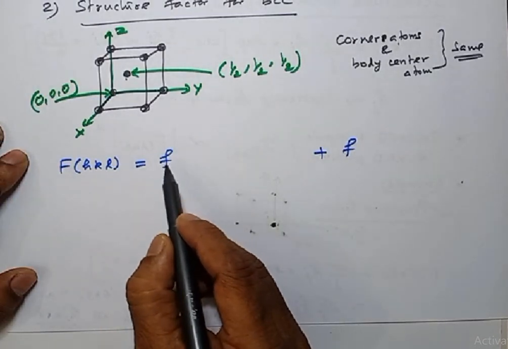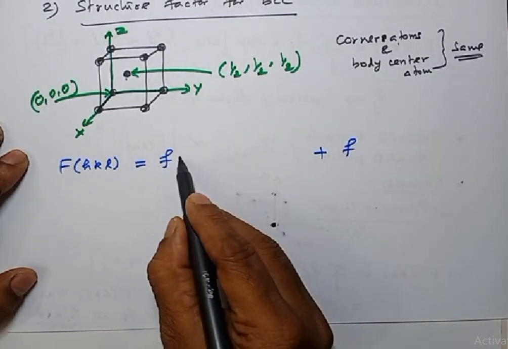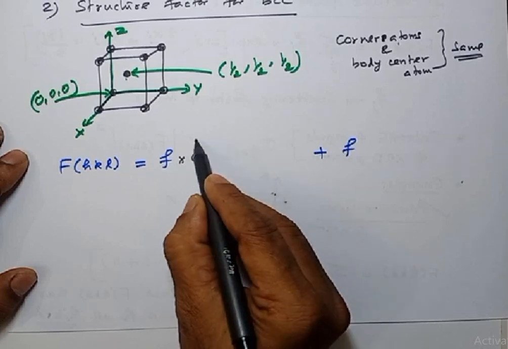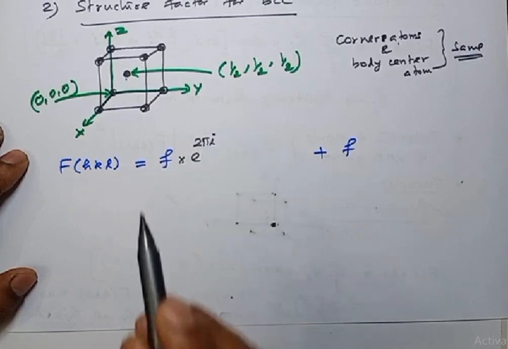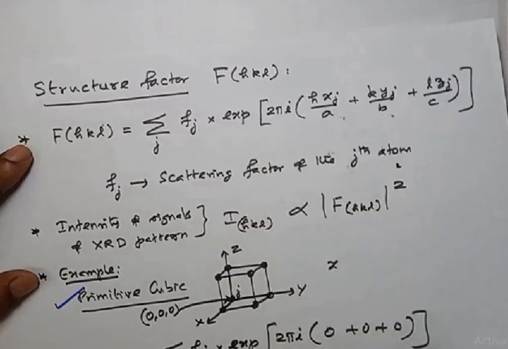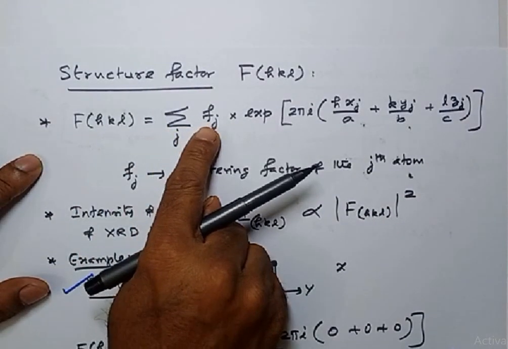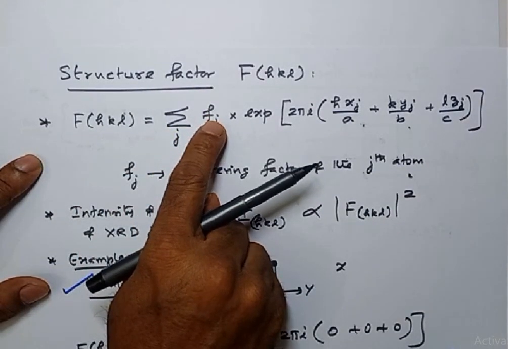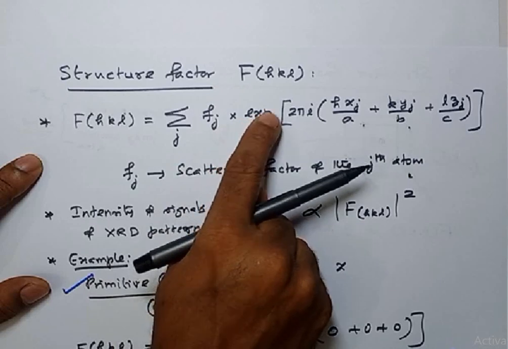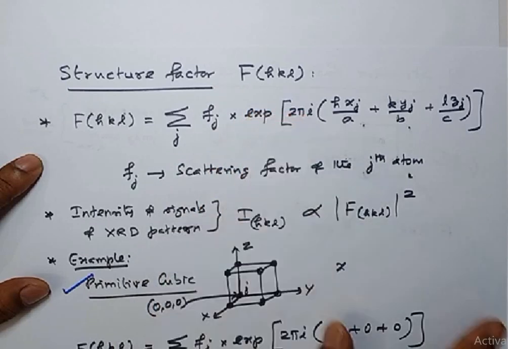So the scattering factor for the corner atom into e power 2 pi i. I'm just using that formula. Listen, you know this formula. Scattering factor F for the corner atom into exponential, e power 2 pi i.